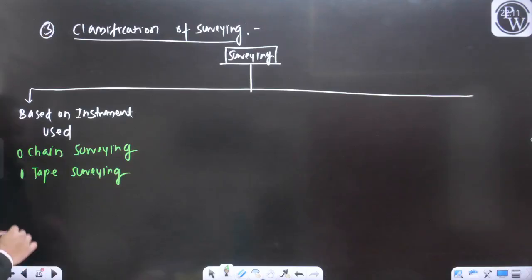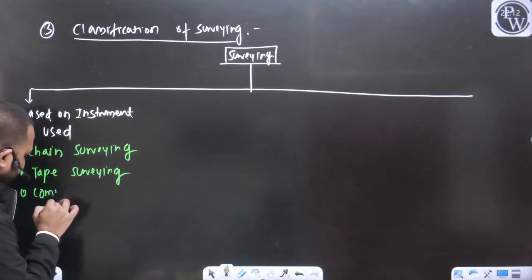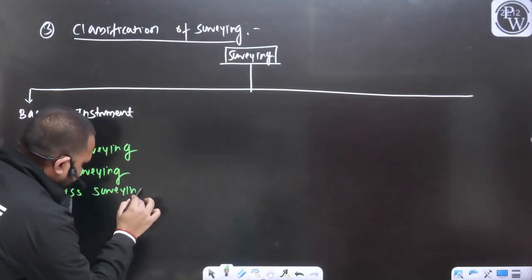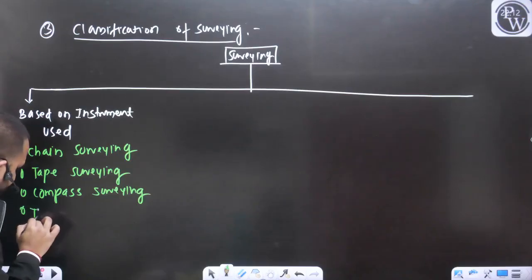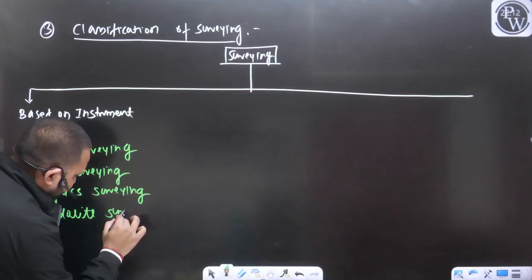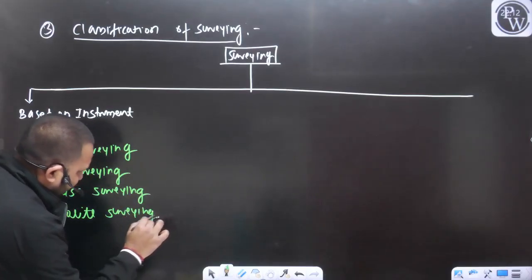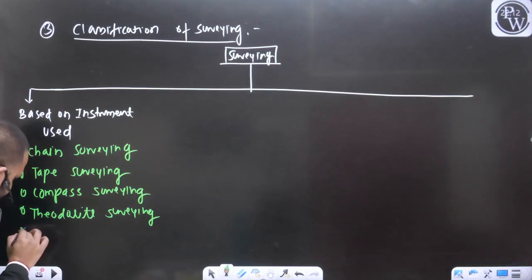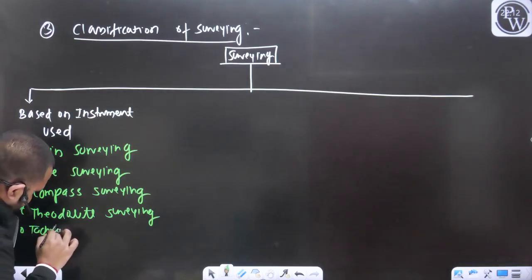Yes, we can use the compass for the angular measurement. So this is going to be compass surveying. We can use the theodolite for the measurement of the angles. This is going to be theodolite surveying. Tachometer, yes, we can use the tachometer.